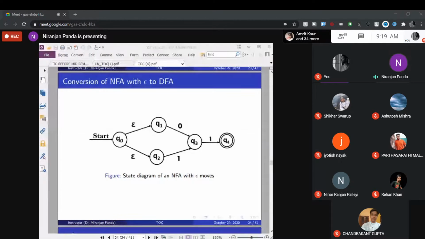That means the epsilon closure of Q0 indicates the state itself, that is Q0, and the other states Q1 and Q2, which are reachable from Q0 with a value of epsilon. Both of the states Q1, Q2 combined with Q0 give you the epsilon closure.